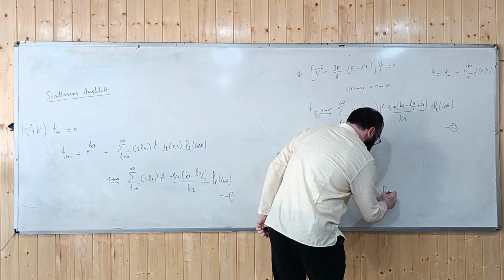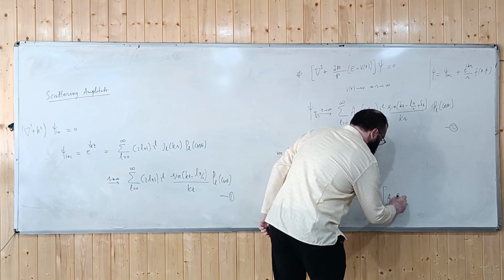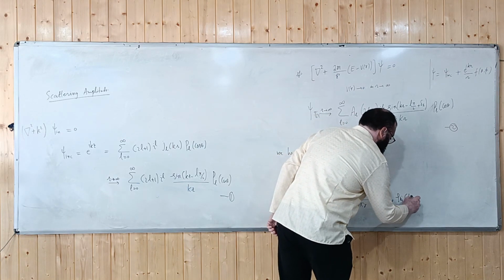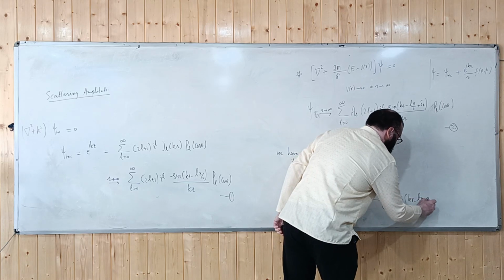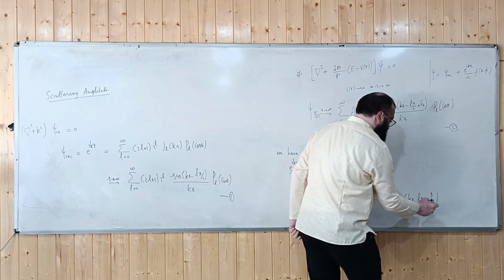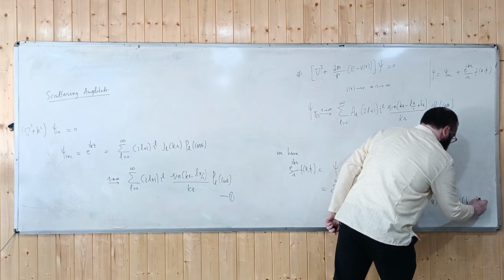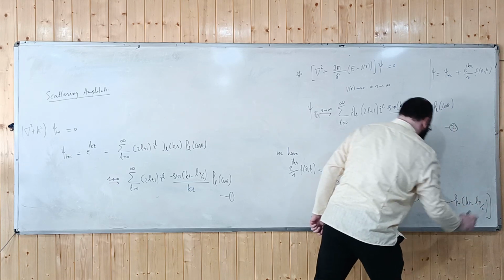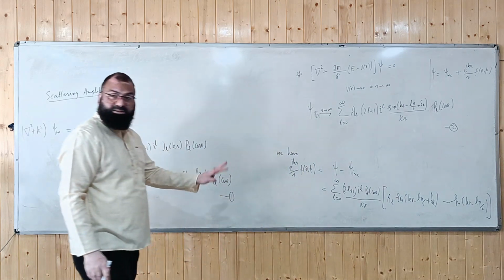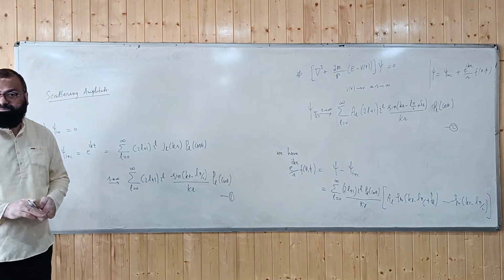You are having A_l sin(kr − lπ/2 + δ_l) minus sin(kr − lπ/2). Everybody agreed? Clear?